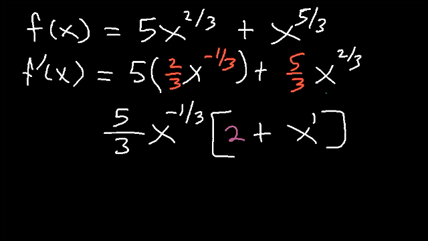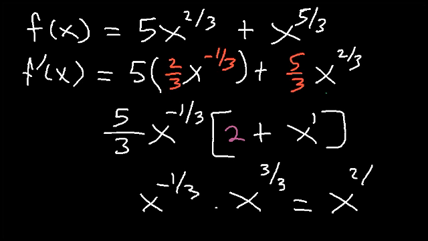If you multiply it backwards, x to the negative 1/3 times x to the first power, which is x to the 3/3, negative 1 plus 3 is 2, so you get 2/3. So it works out.